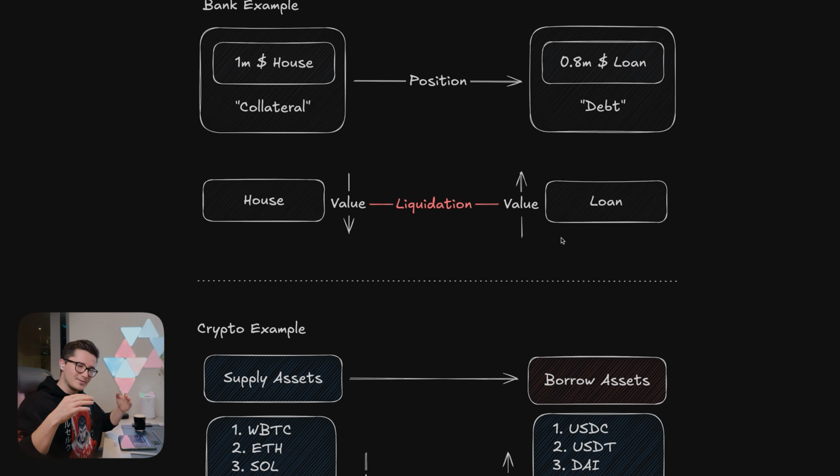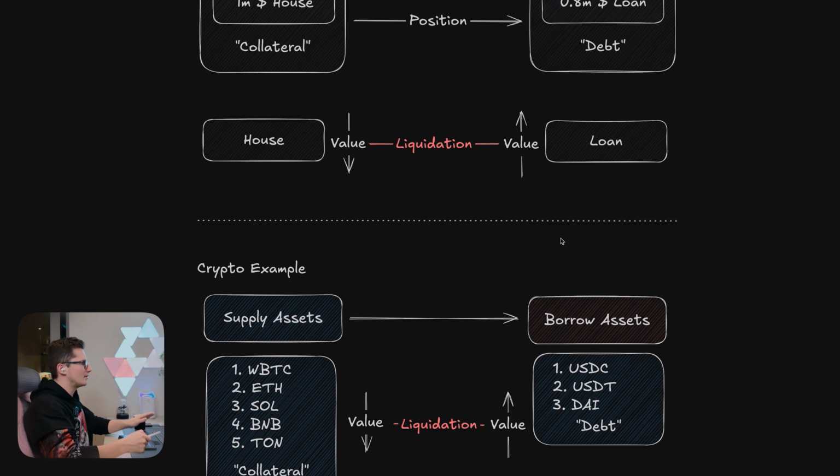The difference between the interests is actually the earnings of the lending protocol or a bank. If you check any bank's offers for deposits and loans, you will understand that deposits usually have a lower interest percentage than borrows. And the difference is the earnings of the bank or the earnings of the lending protocol.